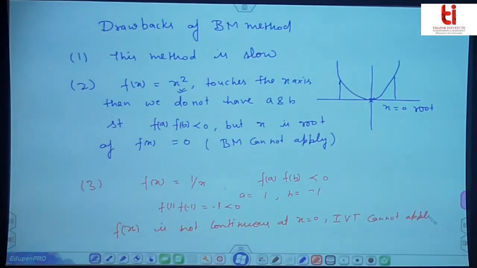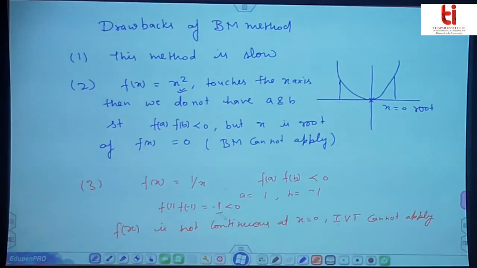So just keep in mind whenever you are applying bisection method, in order to apply intermediate value theorem, the function should be continuous. Sometimes you are getting only points a and b such that f(a) f(b) is less than 0. That is not the only condition. Function continuity is also important. Due to x equal to 0, the function is not continuous, so obviously it does not have a root inside the interval minus 1 to 1.